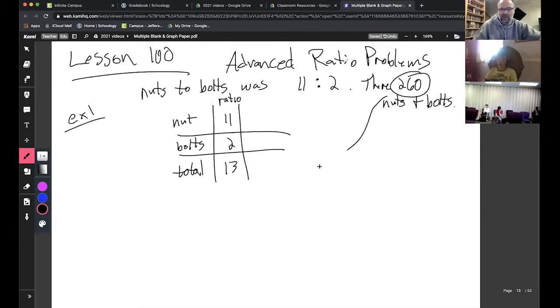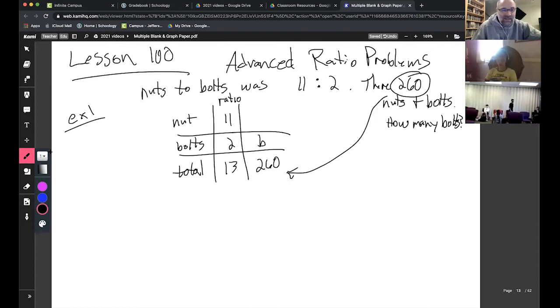It goes right there in the total, yeah. Yep, they're saying total. Okay, good job. All right, and then the question says, how many were bolts? That's where our variable goes. So I could put like a B right here.